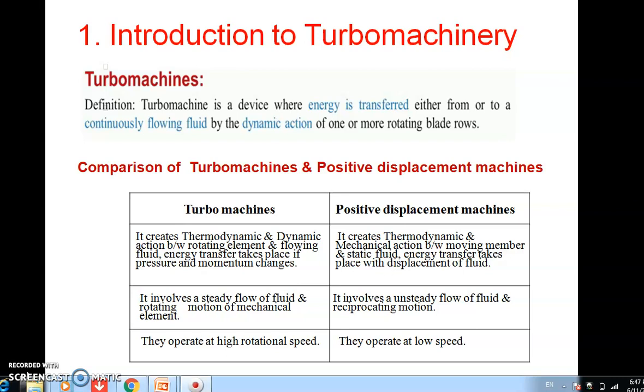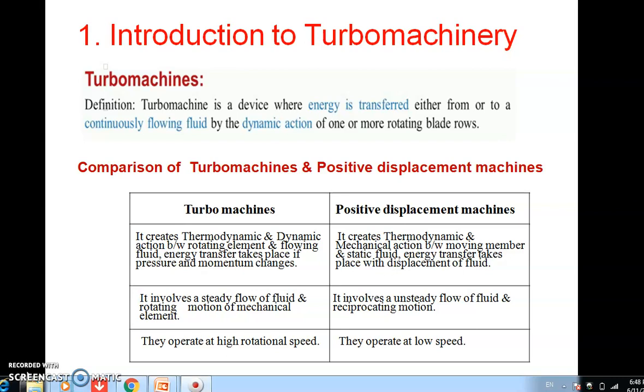So here the energy is absorbed or energy is produced. Based on that energy transfer phenomenon, the turbo machine is defined as the device which is transferring energy either from or to the continuously flowing fluid. But the important word is dynamic here. The dynamic action of one or more rotating blade rods, because this dynamic action is the reason why its name is turbo machine. Okay.